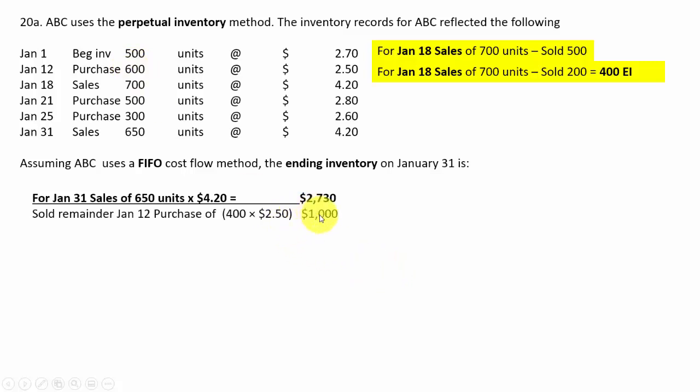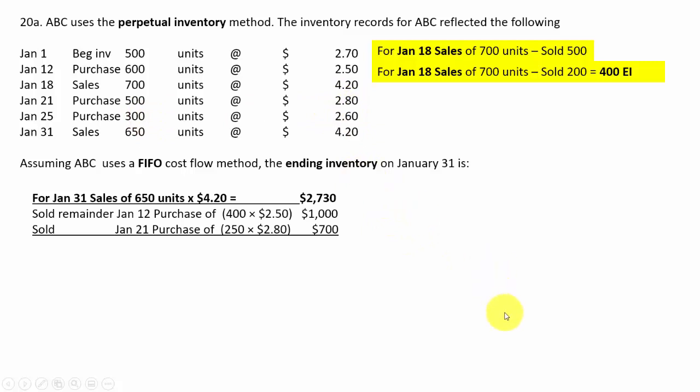So they're gone, right? And then you need another 250 out of the 21st purchase, and they're going to be gone. So what you have left in your ending inventory is 250 of these and 300 of these at these two prices, and that'll be your ending inventory.